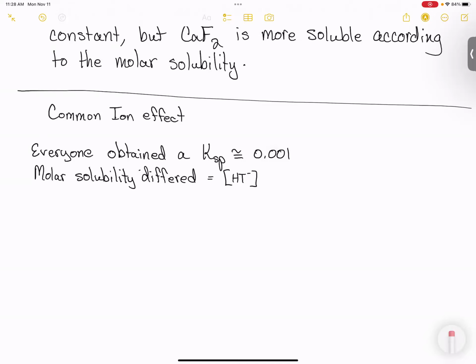Now, the molar solubility differed because of the common ion effect. Okay. To get into this, I want you to start by thinking about Le Chatelier's principle.